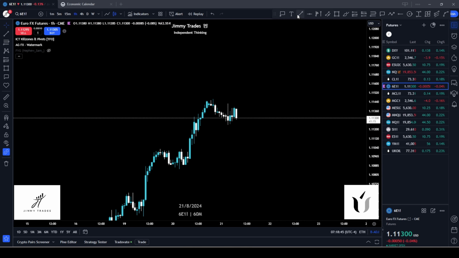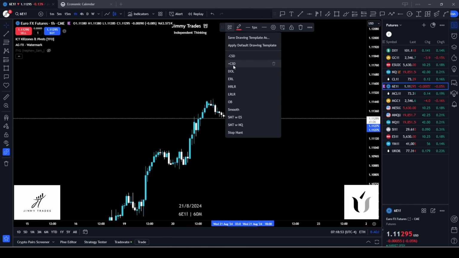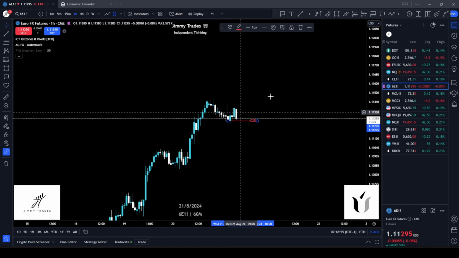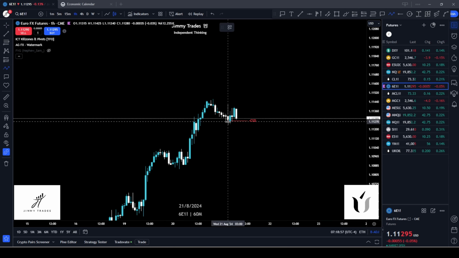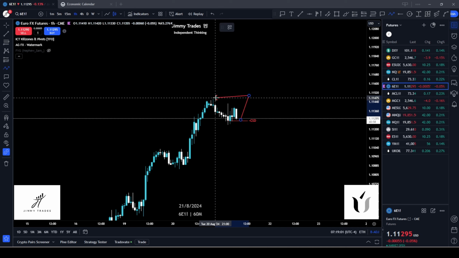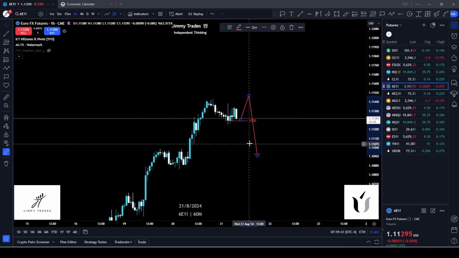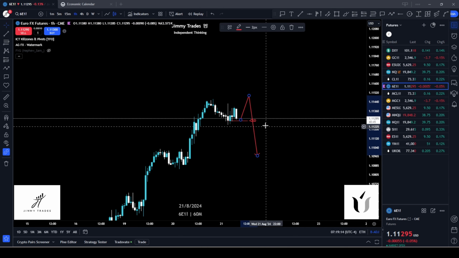For me to get a bearish change in the state of delivery, I'd like to see something like this being the level for a potential change in the state of delivery. But I'd also have to see price take out this high here. That's Tuesday's high, so that's an important level. And then move back through this level with displacement.